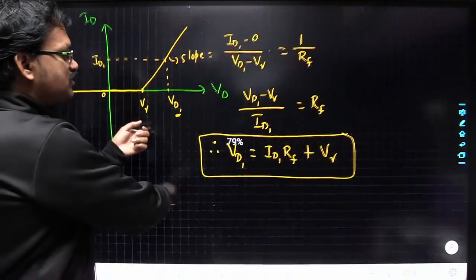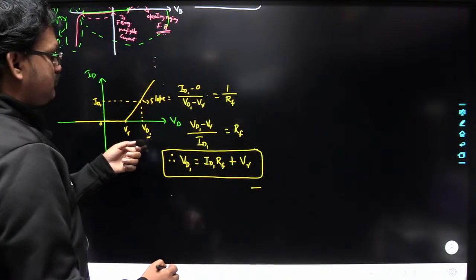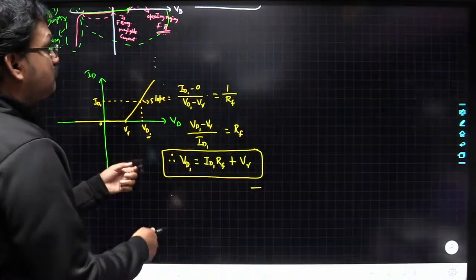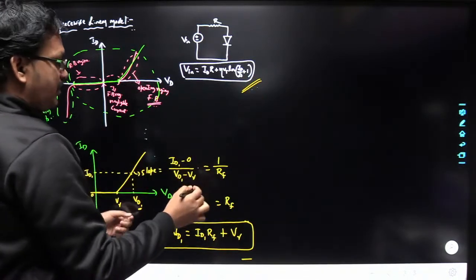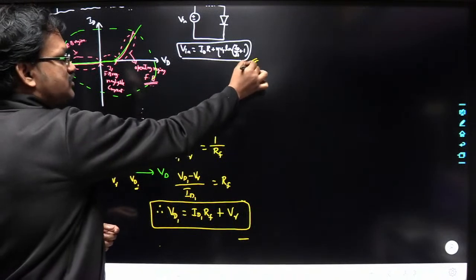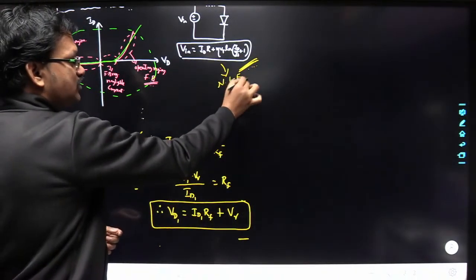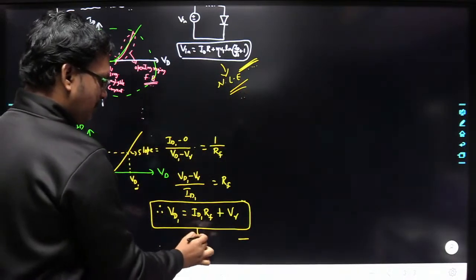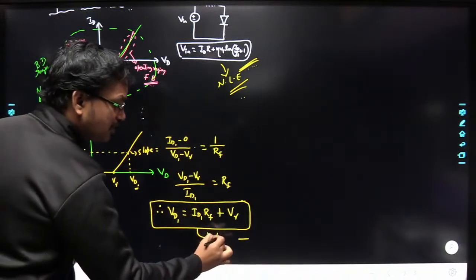Now if you observe this equation, whenever you are doing the exact analysis, the equation we got is a non-linear equation. Yes or no? Whenever we have done the piecewise linear model, we got a linear equation.